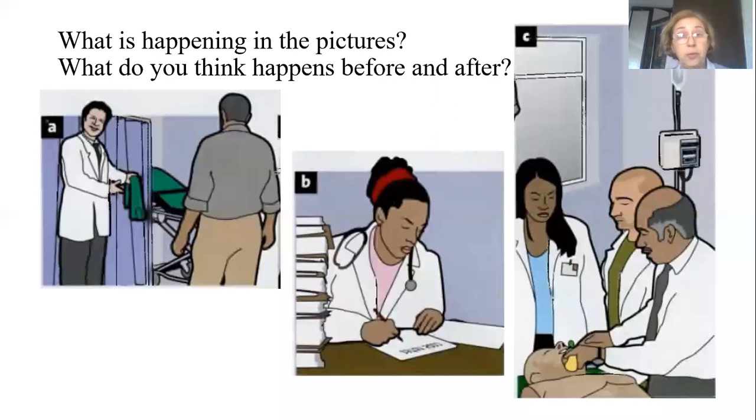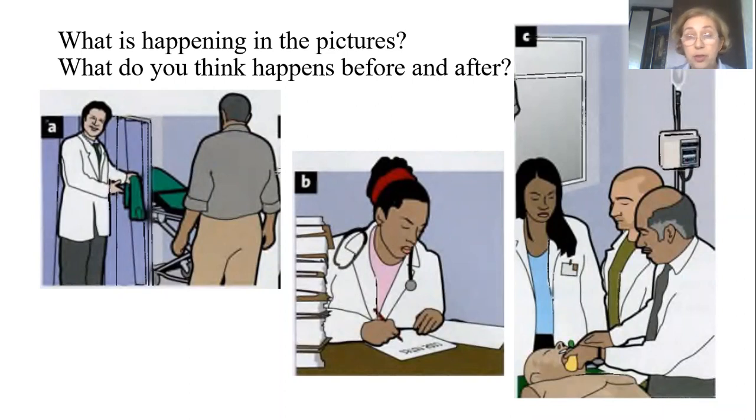Exactly, just to memorize and maybe to keep the information and then to give information to other specialists or doctors. That's the function of the case history. Exactly, you're right. Okay, thank you.